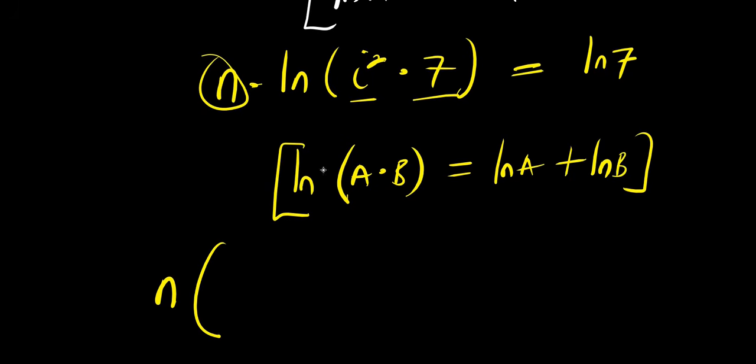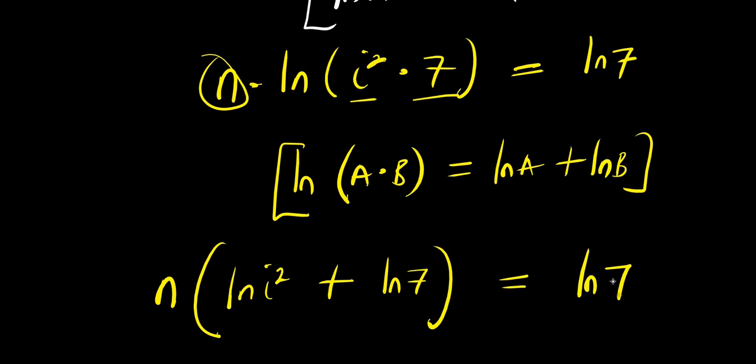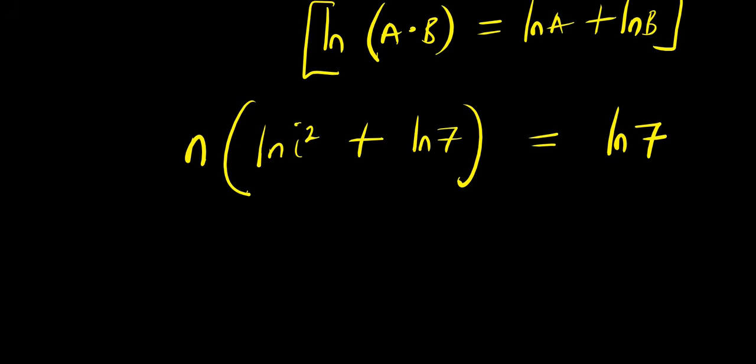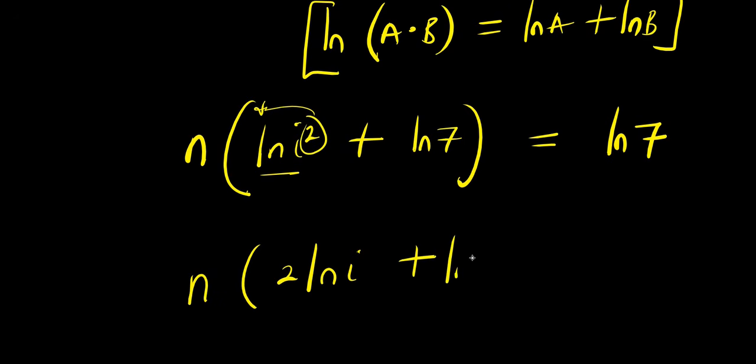So we simply have n times (natural log i squared plus natural log 7) equals natural log 7. And remember, natural log i squared is the same thing as 2 times natural log i. So n times (2 times natural log i, because this 2 here comes behind this, plus natural log 7) equals natural log 7.